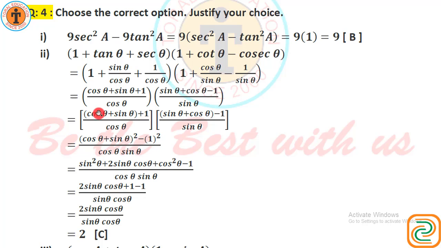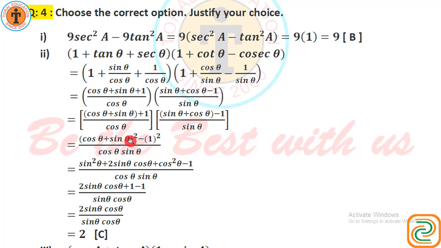This is to be taken as A and this is as B. So A plus B, A minus B. What is it? That means A square minus B square. You are very well aware of the formula. A plus B, A minus B equals A square minus B square.